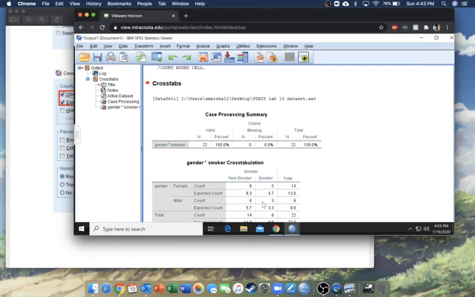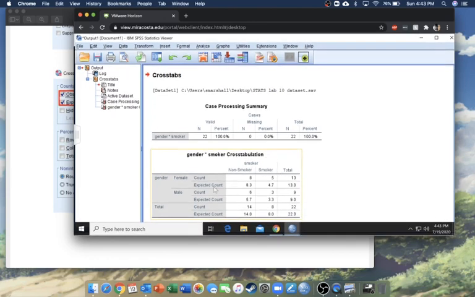All right, then we have a little bit of output here. So we have our case processing summary we always have, tells us how much data we have. And then here we have the cross tabulation, which shows us for each of our groups what the distribution of data is. So here, for example, we have female non-smokers, we have 8 of them, and then it went ahead and did our expected count for us anyways.